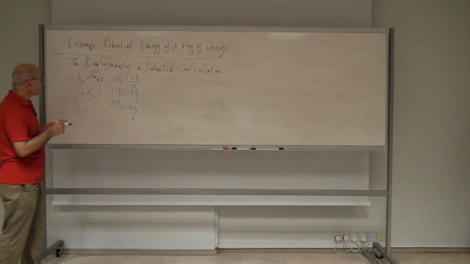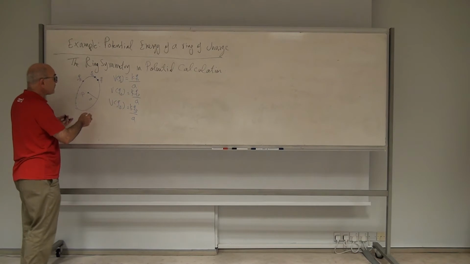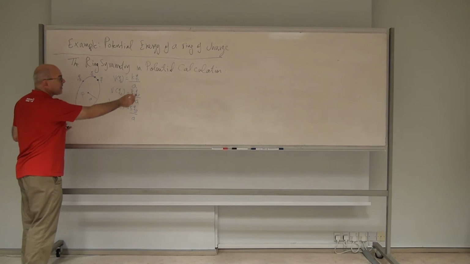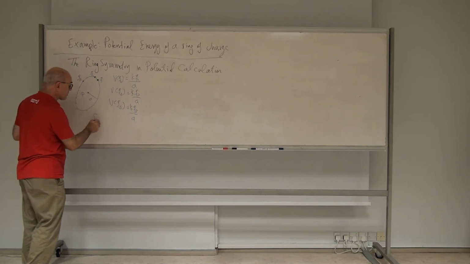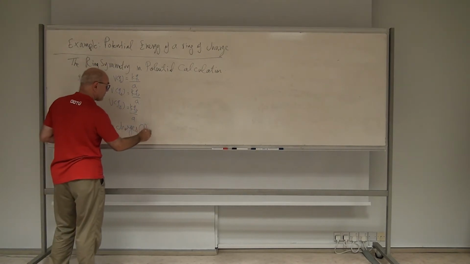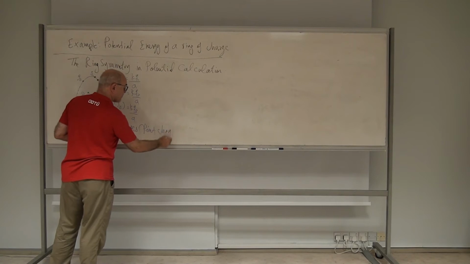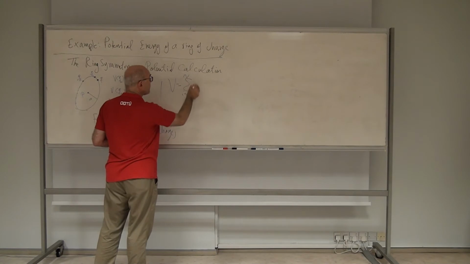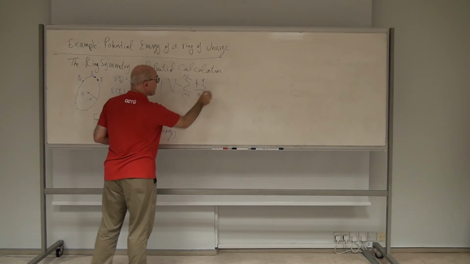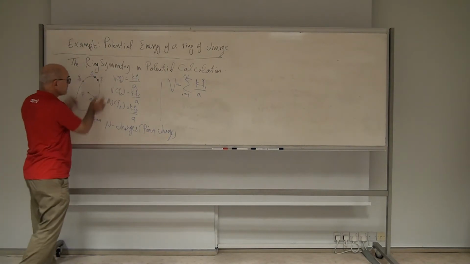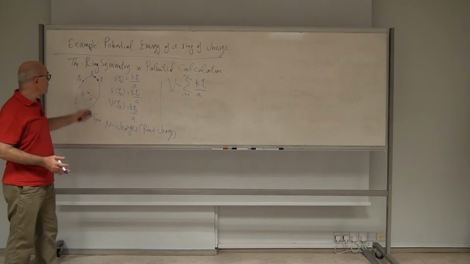Now, if you have n charges, then in this case the potential is just the sum of K Qi over A. So for n point charges, of course, V is equal to the sum over i from 1 to n of K Qi over A. You just add up the potential of each charge, and this will give you the potential at the center of the ring.